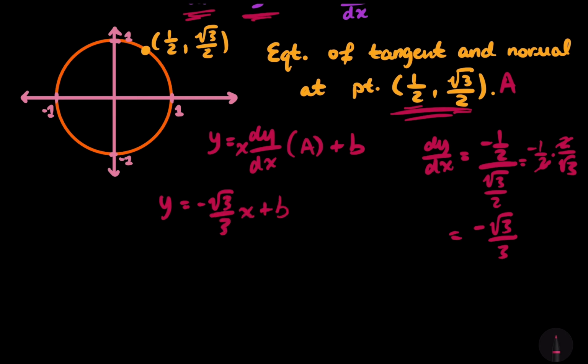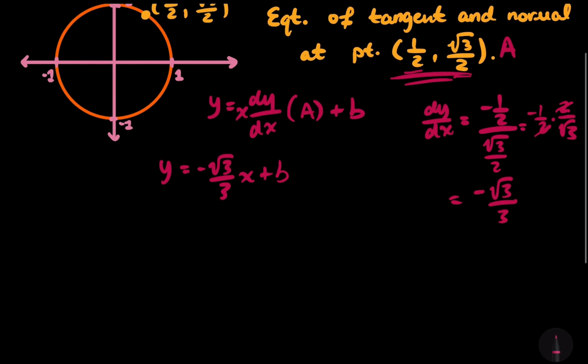And then we can go ahead and input this point we're given to solve for b. So we'll get the square root of 3 over 2 equals negative square root of 3 over 3 times 1/2 plus b. We can go ahead and simplify this.